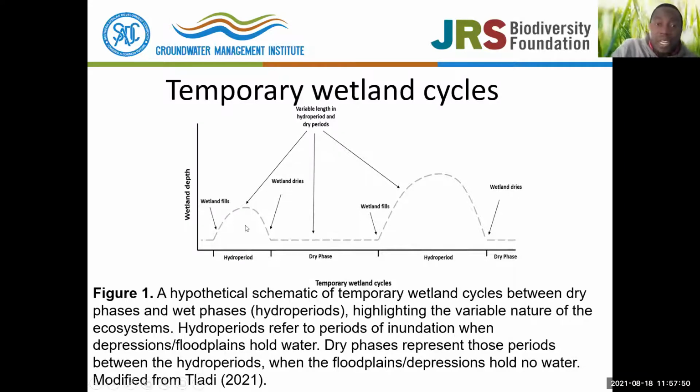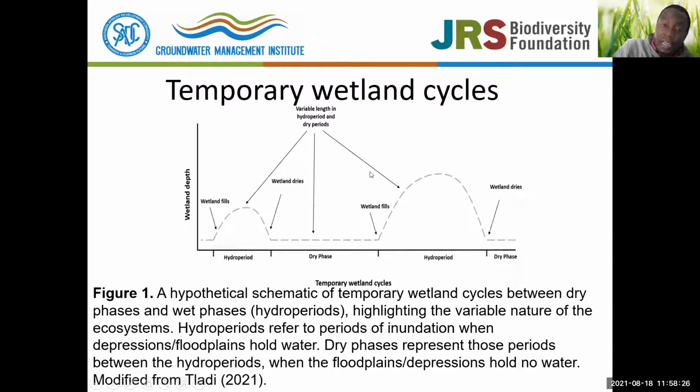And then when it dries out, one can easily go and collect sediment within these ponds and assess the biodiversity that might exist within the pond, because most of the taxa that exist within wetland ecosystems tend to produce resting stages that can survive during these dry phases. But there are other years when an area can receive relatively good rains.